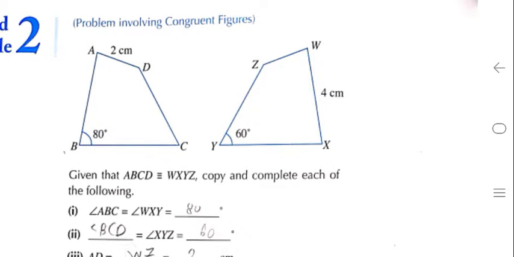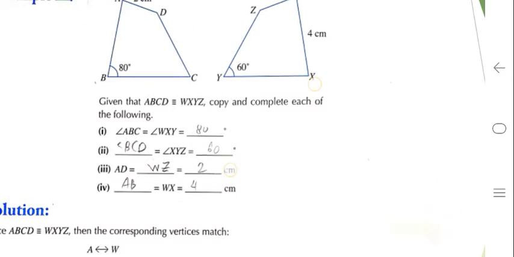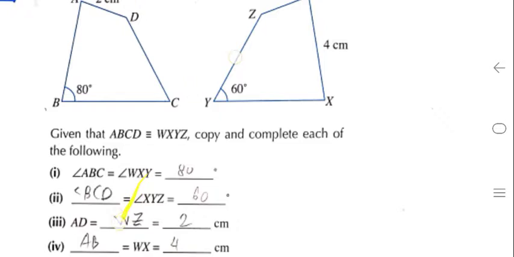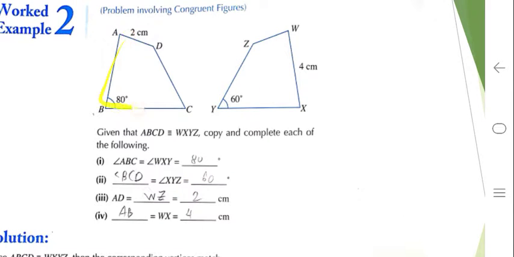Now that we know that they are congruent, we can solve problems involving these congruent figures. Given ABCD, now this is the symbol of congruence, which is like an equal sign but instead of 2 lines it has 3 lines. ABCD is congruent with WXYZ.